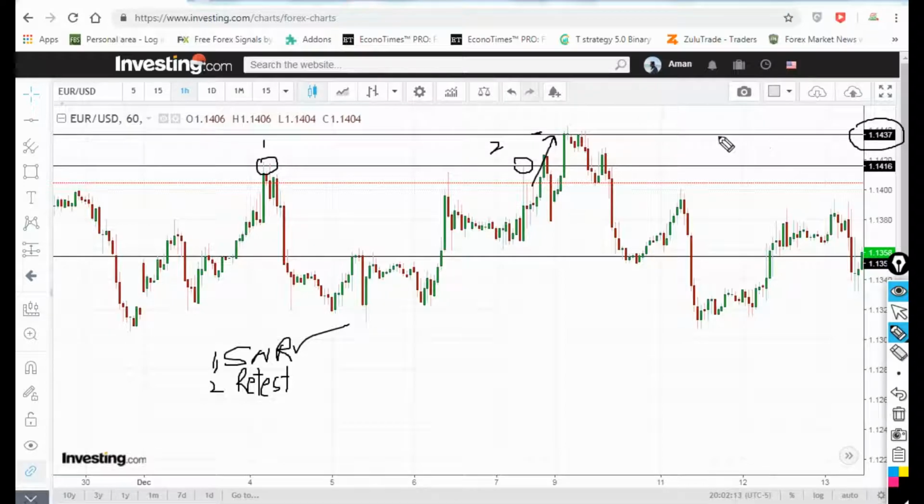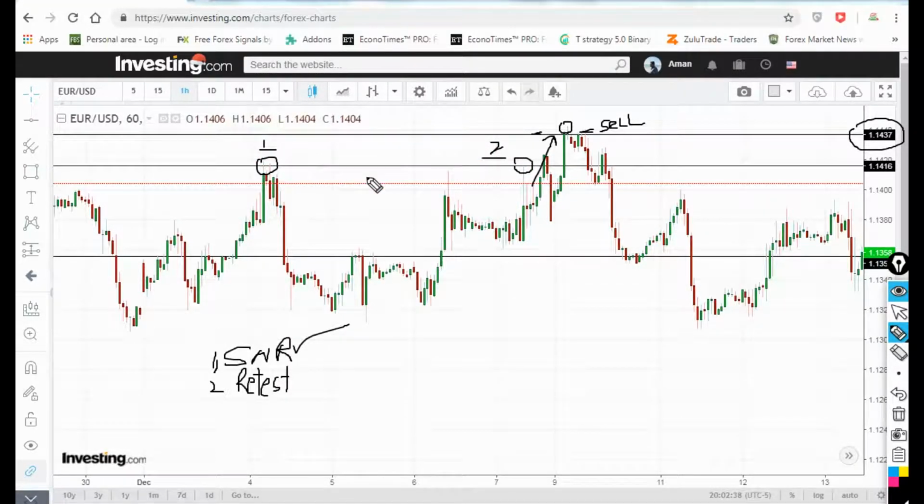So you are waiting here for your entry. When you see a confirmation, you enter a sell here. Now the point is that this is your entry point. So what will be your TP? The TP will be the same testing levels.